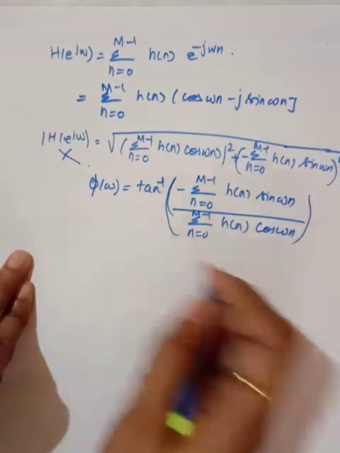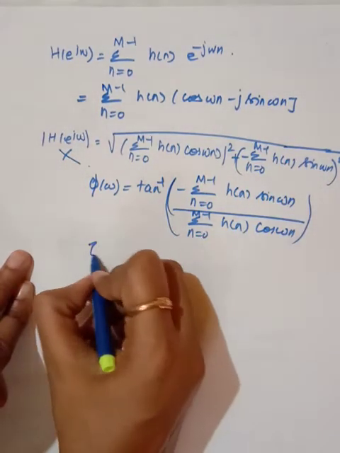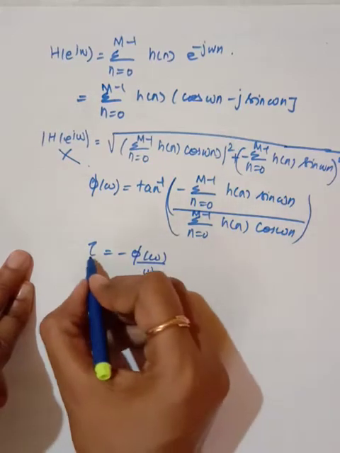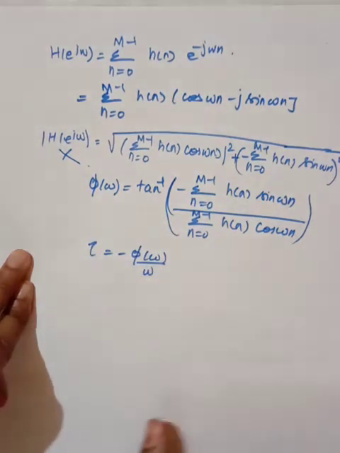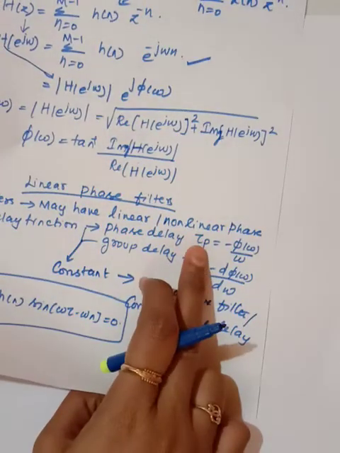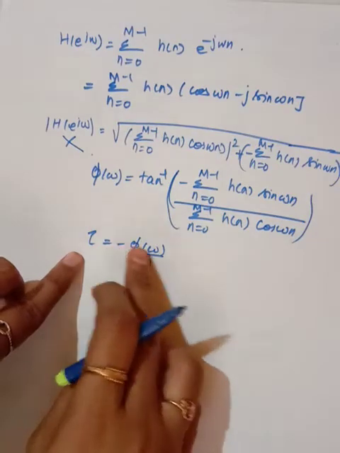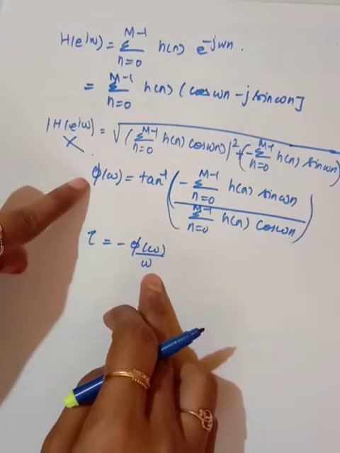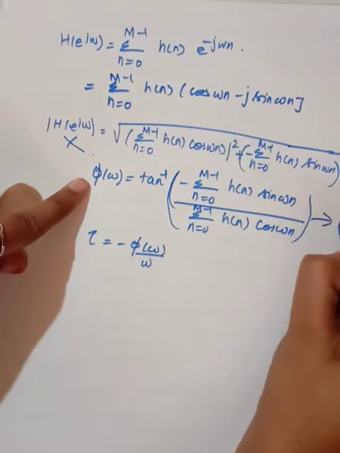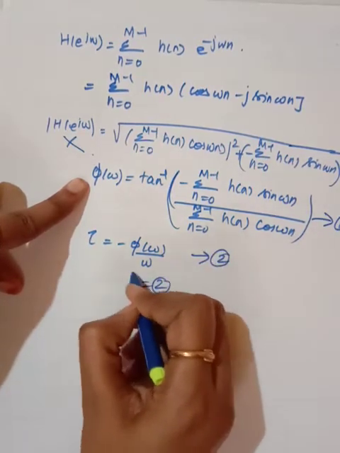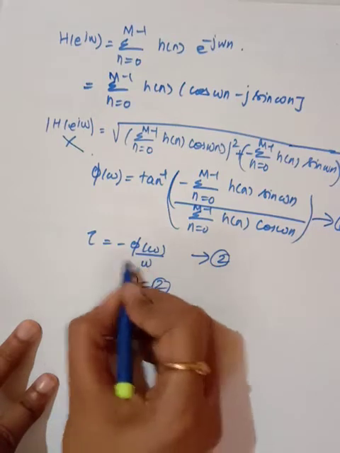Next, we know that tau is equal to minus phi of omega by omega. This is from the phase delay relation. Consider this as equation 1 and this as equation 2, and equate them.